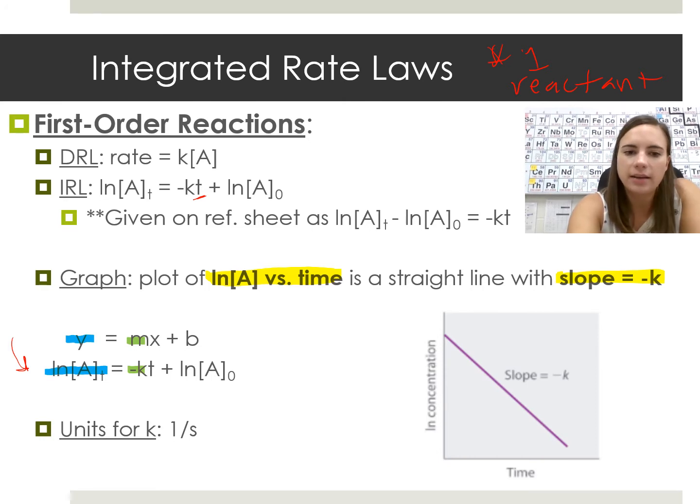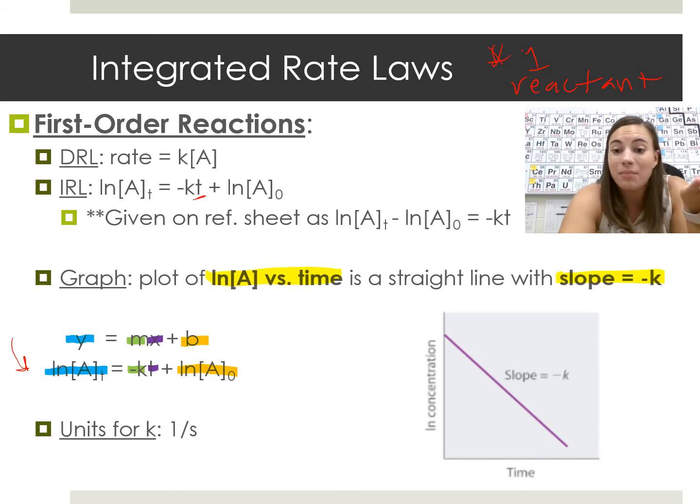Of course, my x is time, and then my y-intercept is the natural log of A initially. So what the integrated rate law does is give us a graph with an equation of a line, and once we have this equation, we can calculate the concentration for any amount of time.